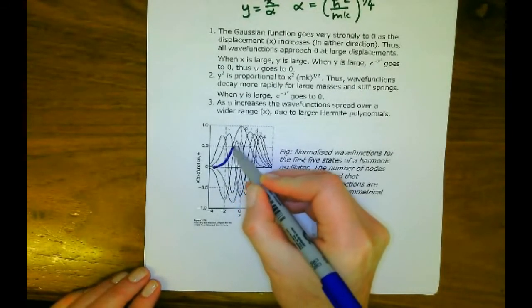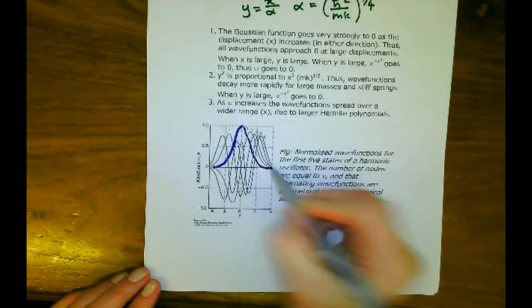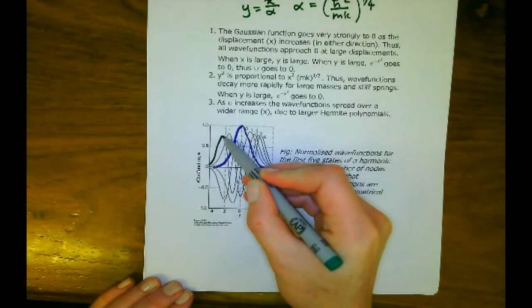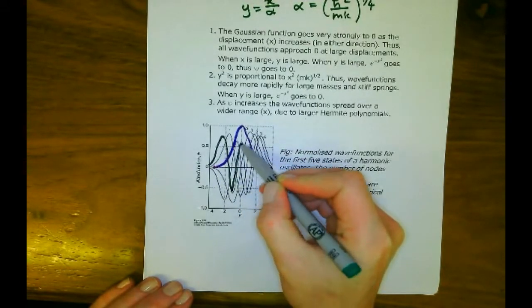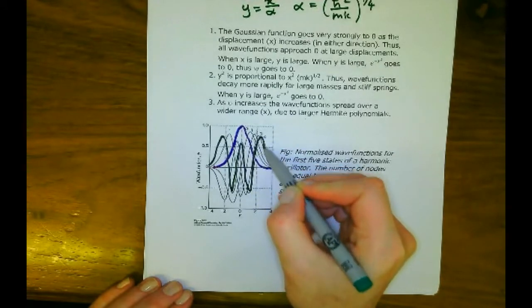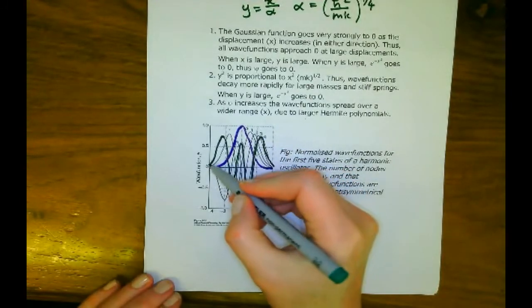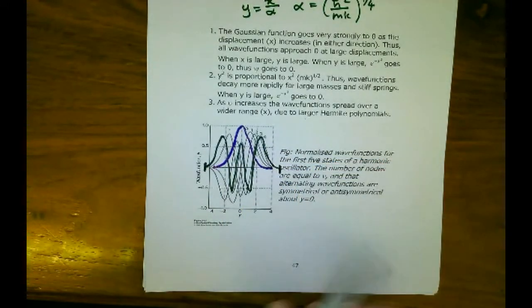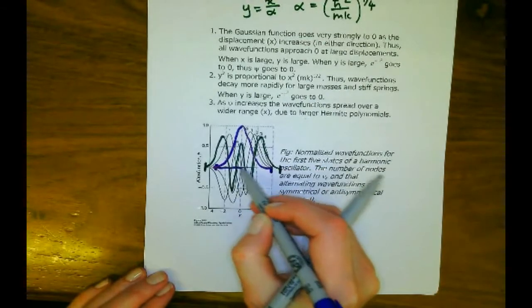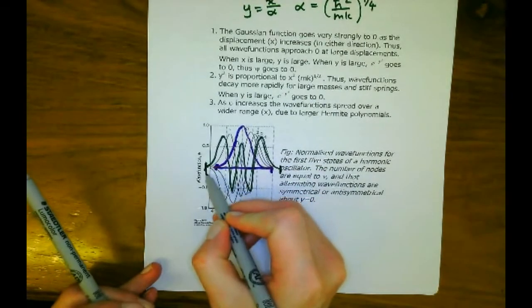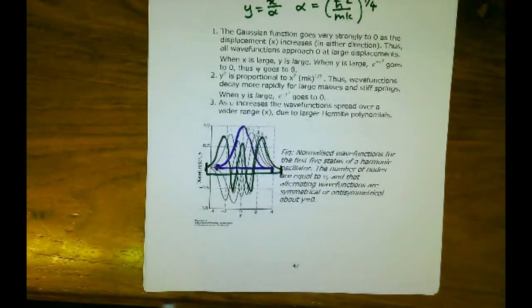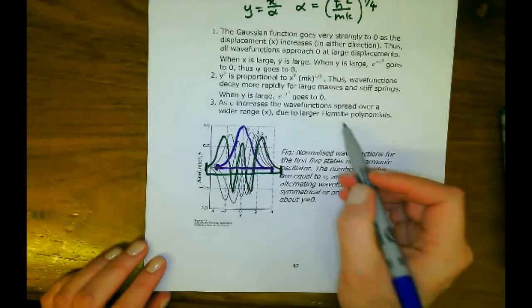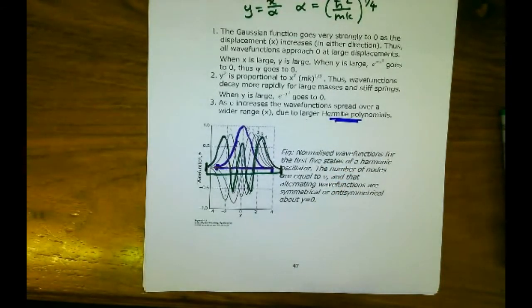So if we look at the epsilon equal to 0 wave function versus the 1, which is epsilon equal to 4, you can see that this one spreads over a larger area compared to this one. So this is as a result of the Hermite polynomial. So that is the role of the Hermite polynomial.